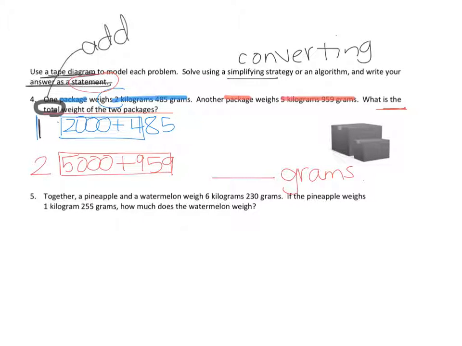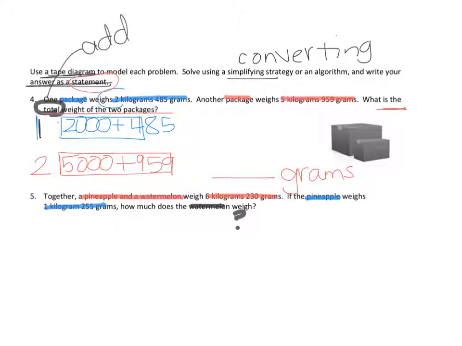Number 5. Together, a pineapple and a watermelon. Oh, two different things. I'm going to highlight that. So we have a pineapple and a watermelon, and that's how much they weigh. Now we do know the pineapple by itself is this, but we don't know the watermelon. So this is when we have a missing piece.